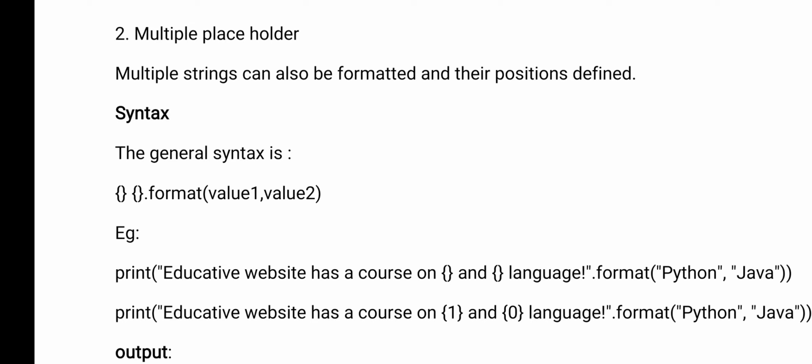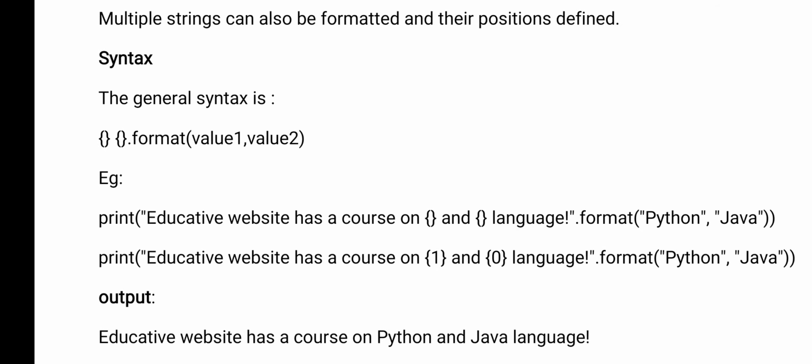The next one: in the previous example I gave only one placeholder. If you want, you can give multiple placeholders. You just need to insert two placeholders. Multiple strings can also be formatted and their position is defined using multiple placeholders. See, two placeholders, dot format value1, value2. The number of placeholders and the number of values you give inside the format function should be the same.